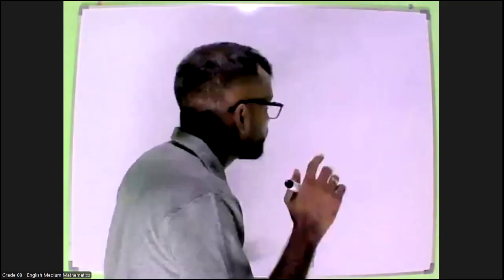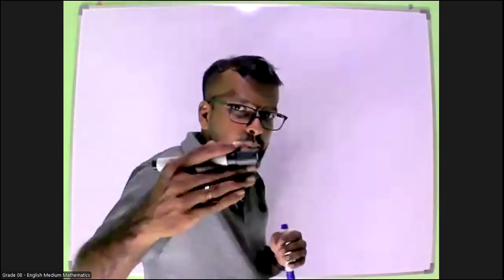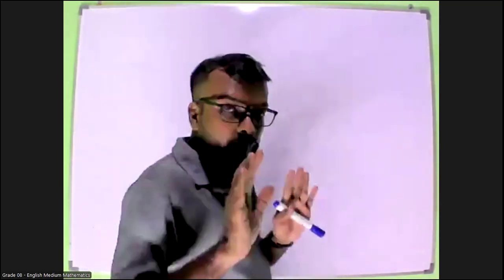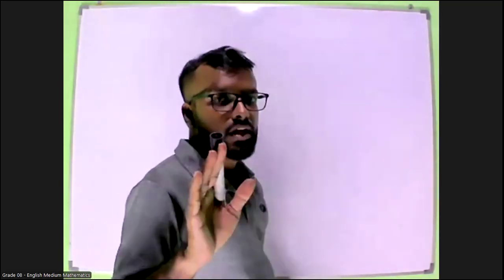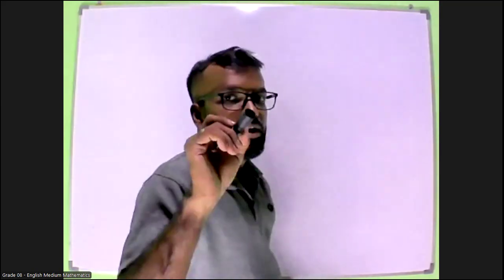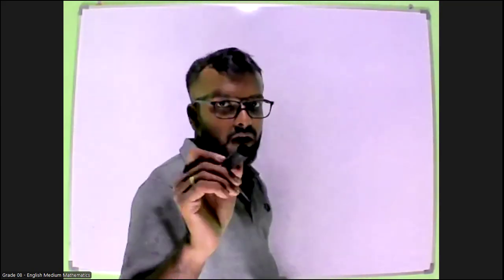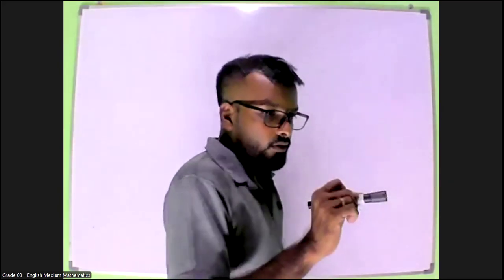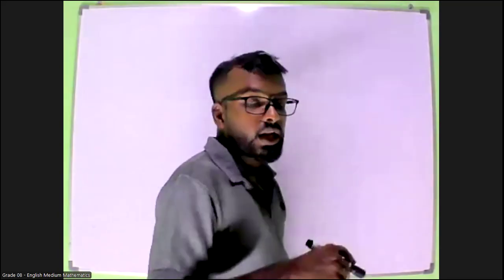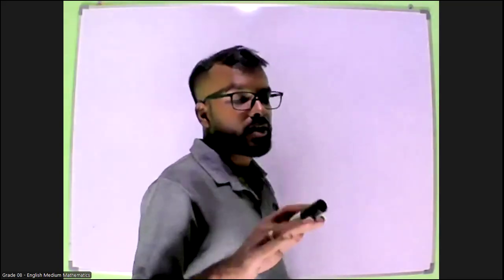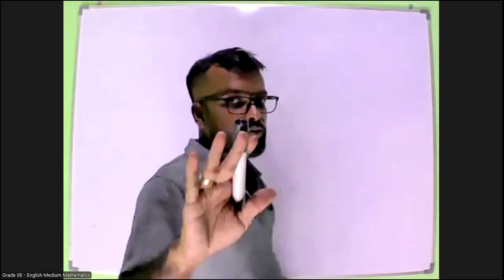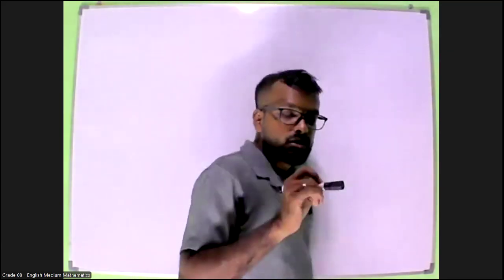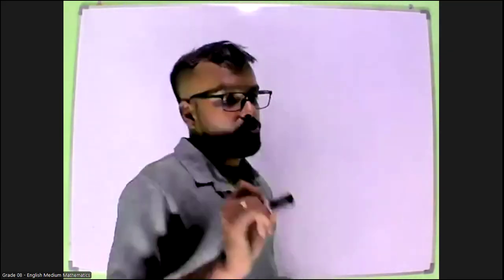Let's try to catch the pattern now. Please look at the board. You can read only the question if you want, until I have finished explaining. Step by step, I will tell you how to do it.